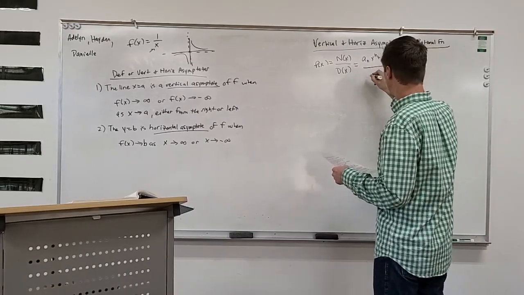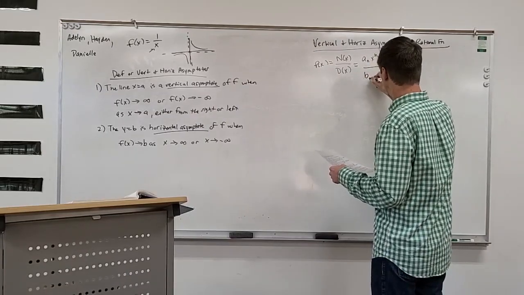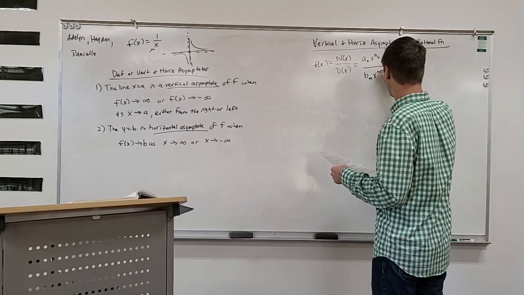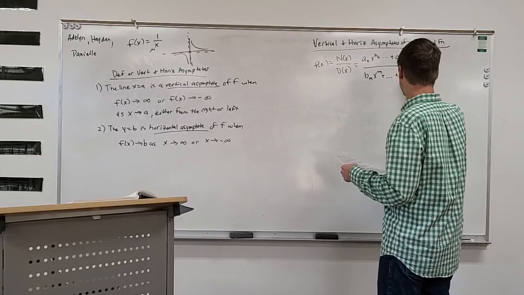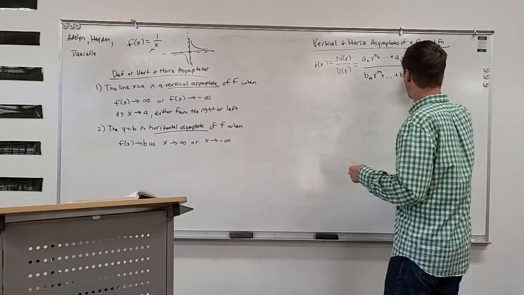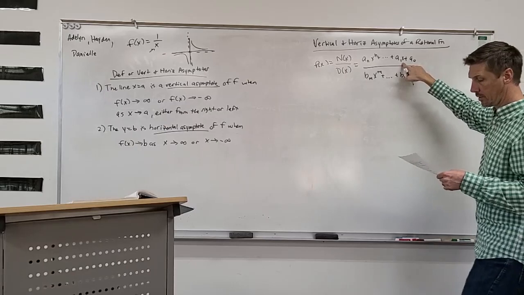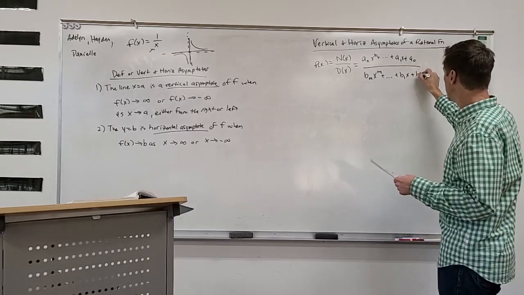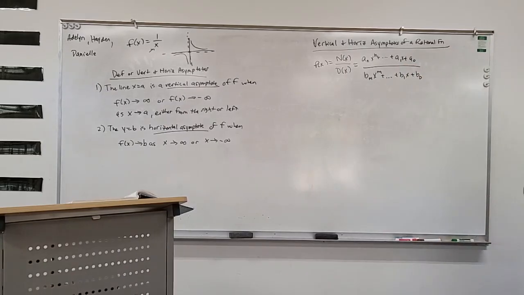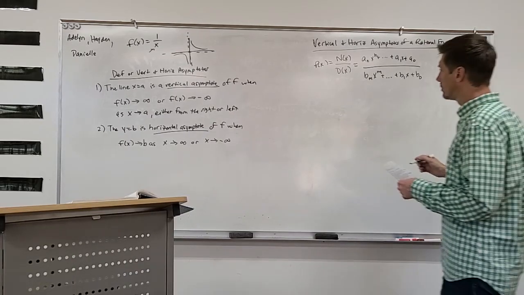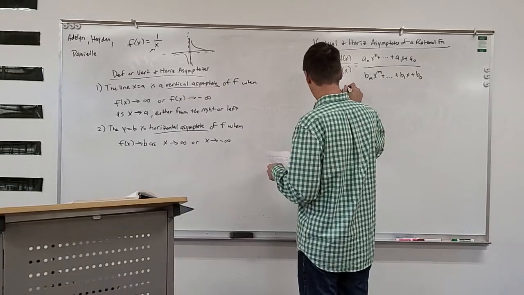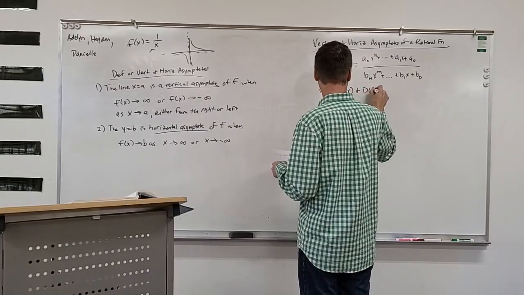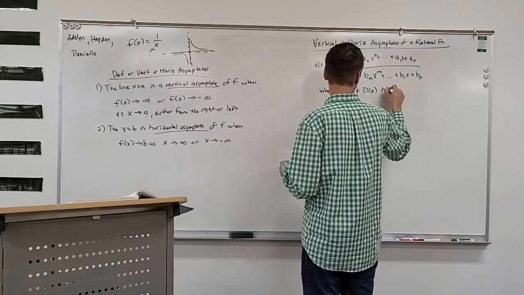And then on the bottom here we've got b_m x to the m plus ... plus b1 x. I forgot my x on my a1 term here. Plus b0. Right, so it's just showing us there's two polynomial functions, one over the other, where N of x and D of x have no common factors.